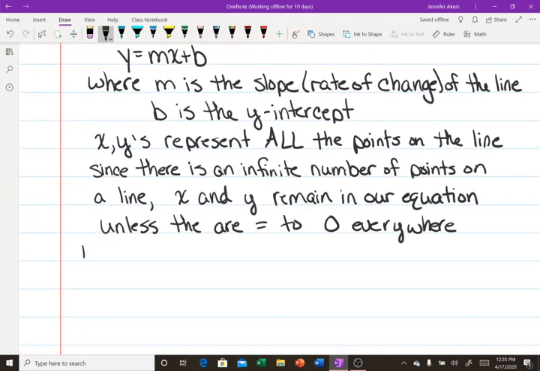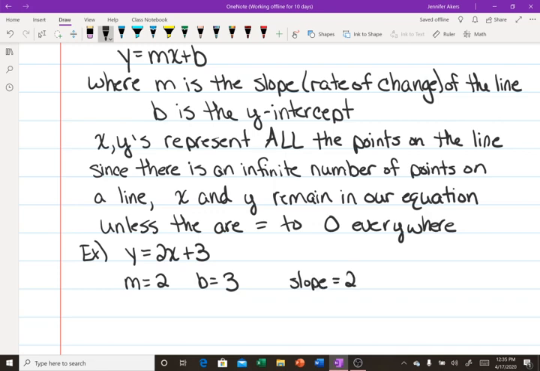So let's look at an example. We have y equals 2x plus 3. This equation is in slope-intercept form. The slope is 2, the y-intercept is 3. So the slope equaling 2 tells me the rise is 2 while the run is 1. So it's up 2, right 1, or down 2, left 1, because two negatives make a positive.